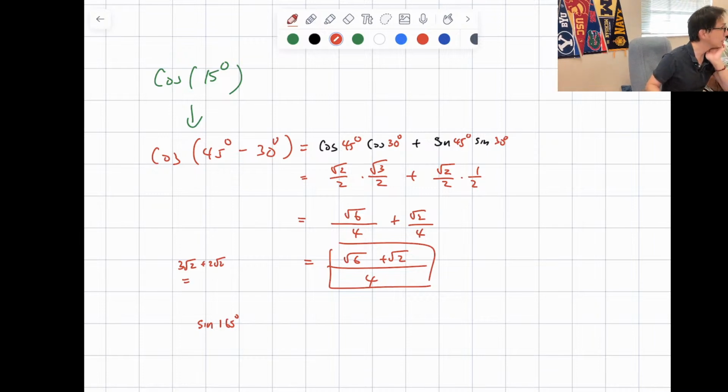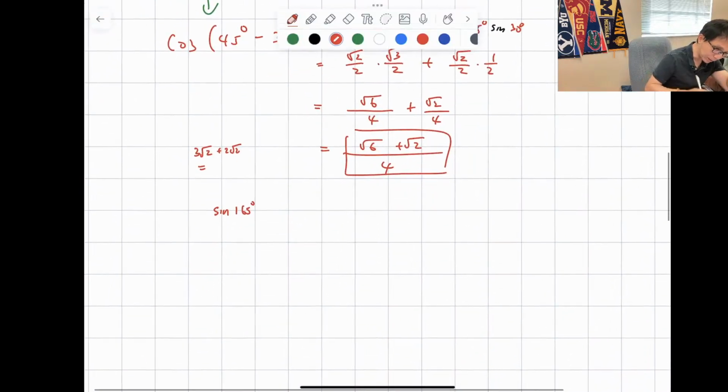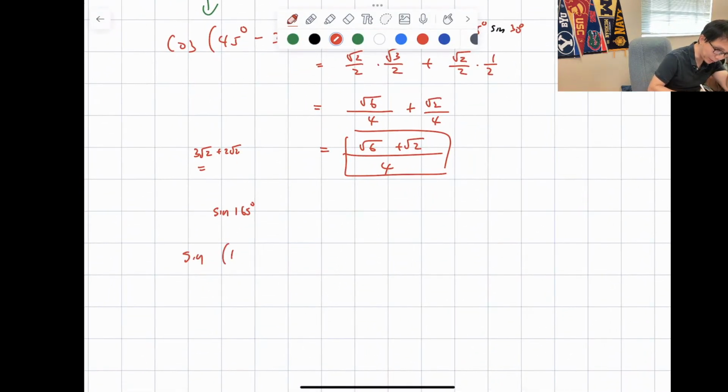So there are more people choosing the minus sign. Which one did you pick, Julia? 120 plus 45? Okay, so sine of 120 plus 45. You changed your answer? Okay.